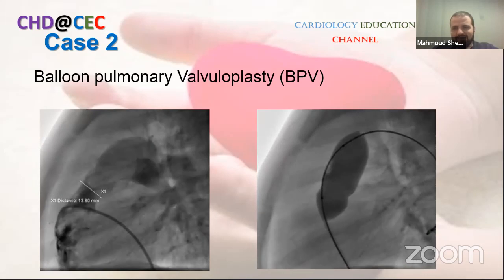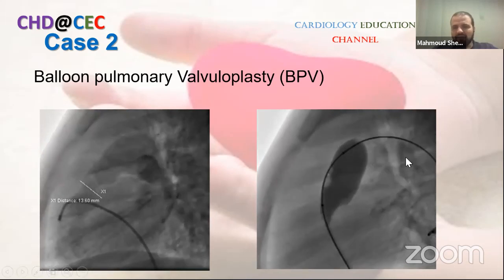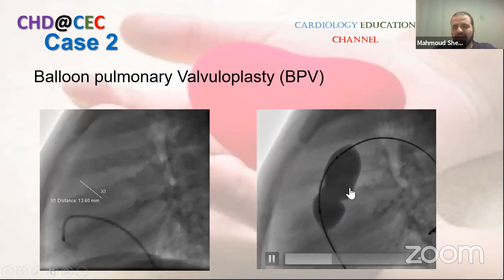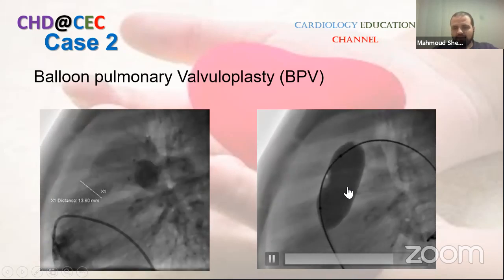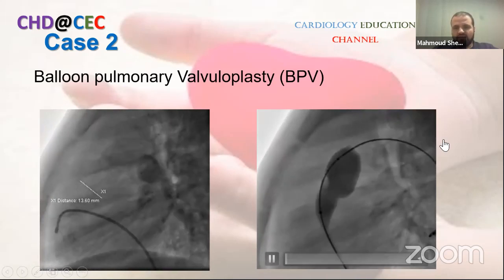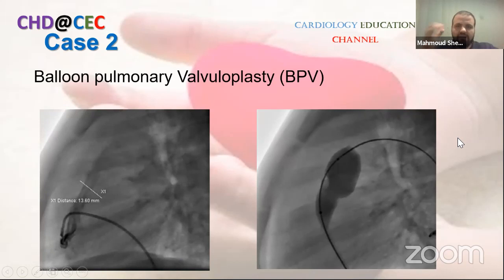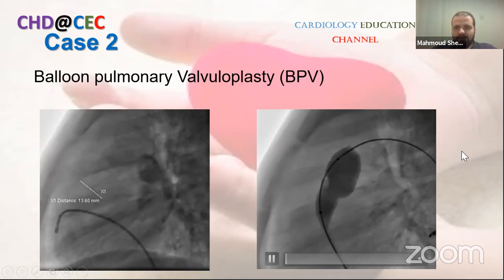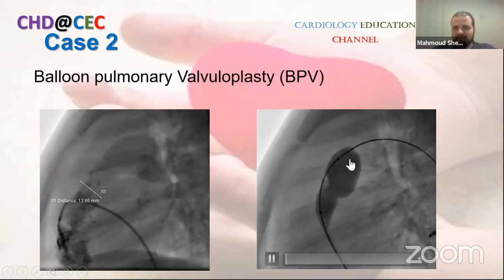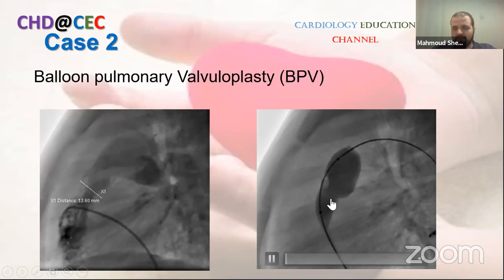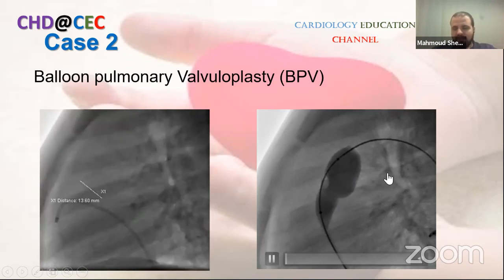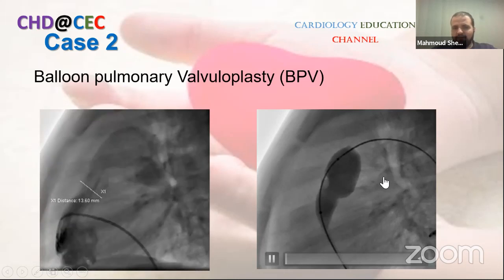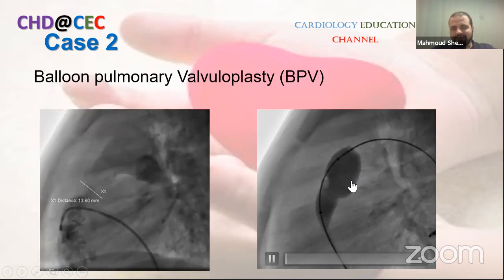You may get a lot of complications, but the most common, if you go beyond the burst pressure of the balloon. Each balloon has two numbers for pressures, the nominal pressure and the burst pressure. So if you go beyond the burst pressure of the balloon, you will end up with rupture of these balloons because they are low profile and low pressure. Doing a balloon valvuloplasty is a simple procedure.